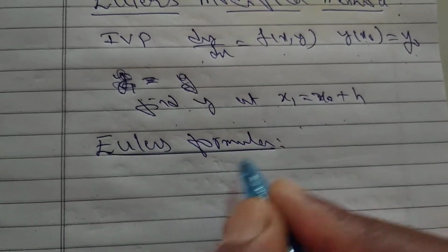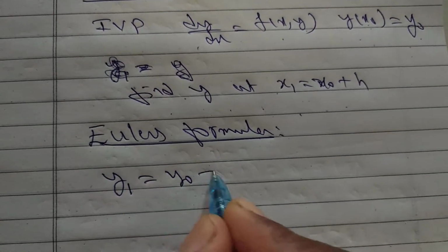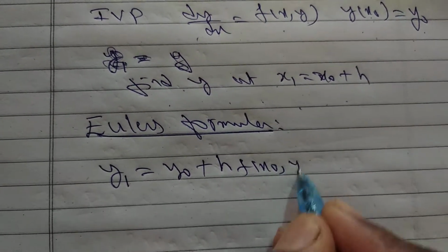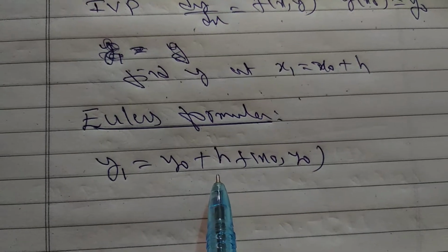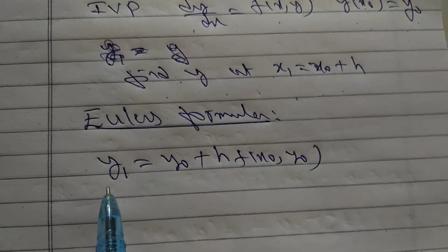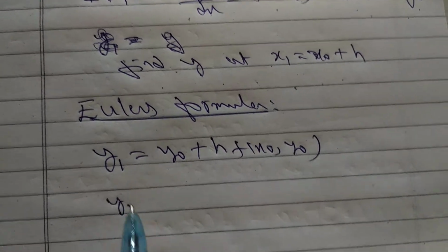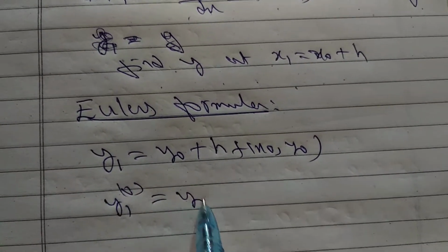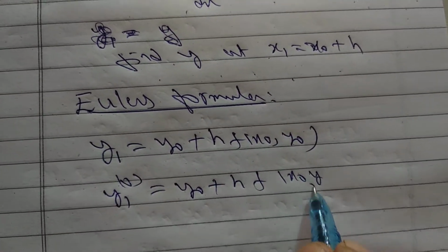So what is Euler's formula? Euler's formula is given by y1 is equal to y naught plus h into f of x naught comma y naught. Here y naught is already given, and h, the step size, is already given. You have to find y1. This y1 can be written as y1 to 0, that is equal to y naught plus h into f of x naught comma y naught.